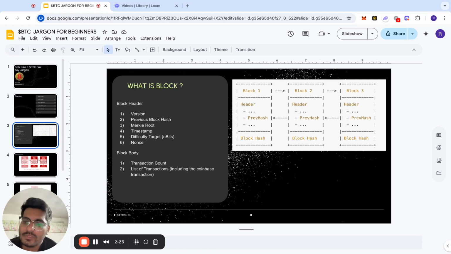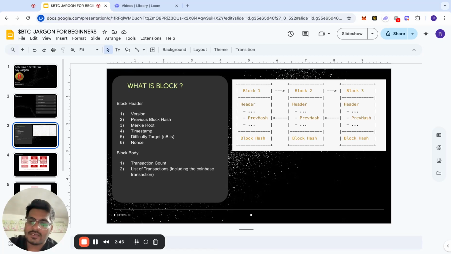It needs to be verified by different nodes. As we have seen in the previous videos, there are different node operators in different parts of the world, so it takes some time to disseminate all this data to them, and only after they receive the data can they verify it.